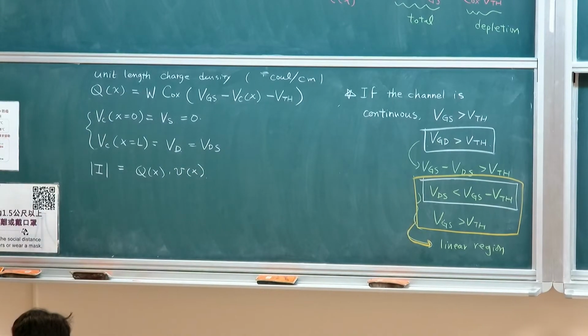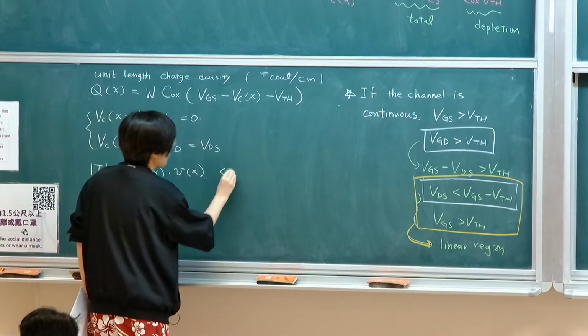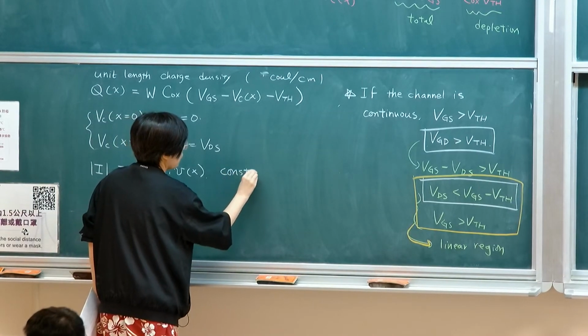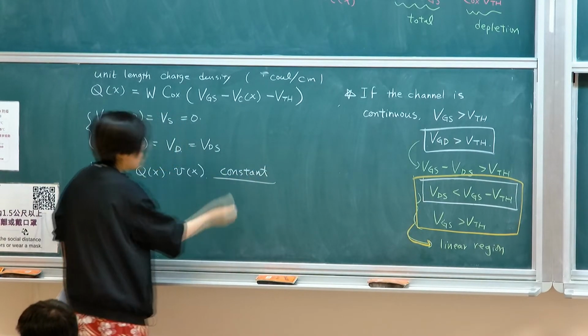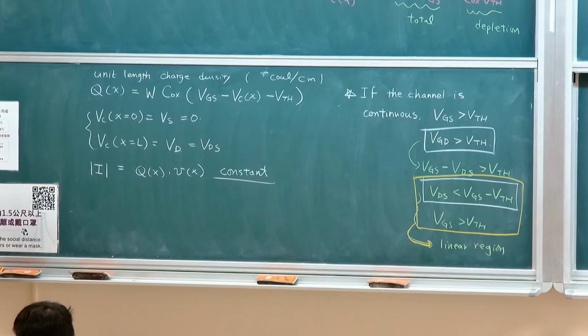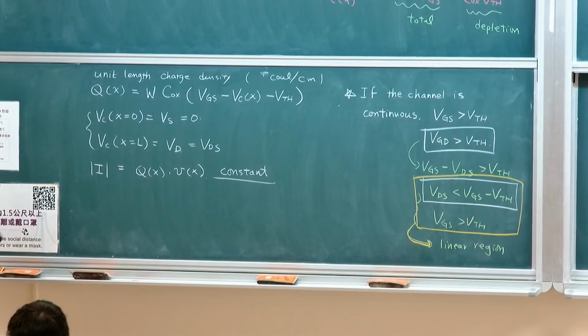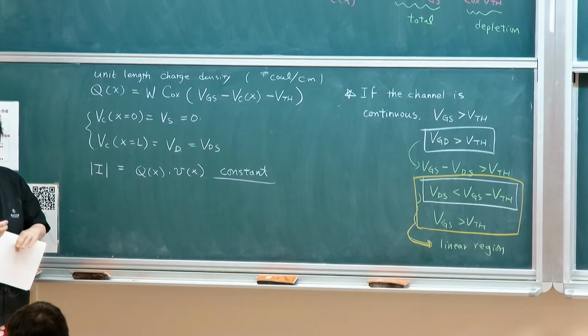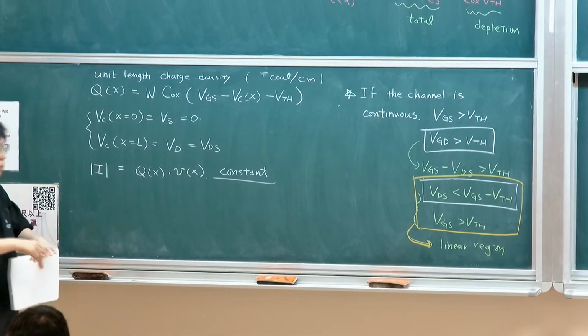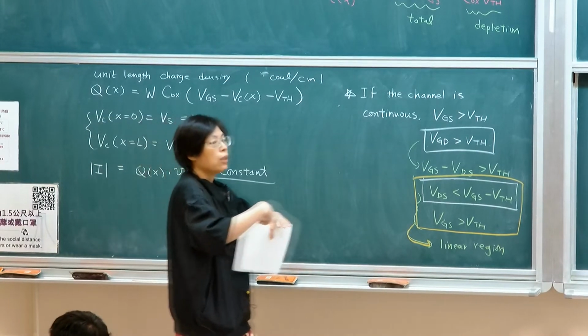The amount of current should be constant along the channel because of charge conservation. The amount of carriers coming in and going out of the channel should be the same. There shouldn't be any blockage on the bridge, right? So you make sure how many people are coming in equals the people going out.